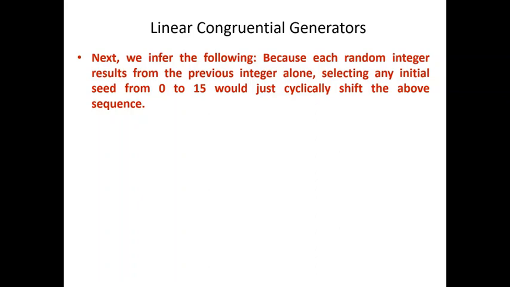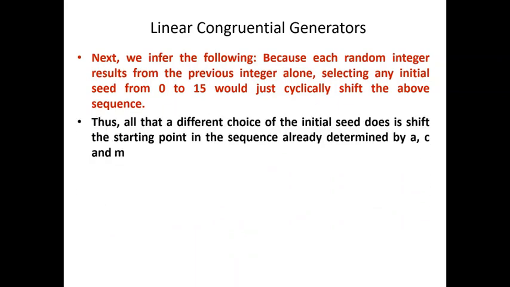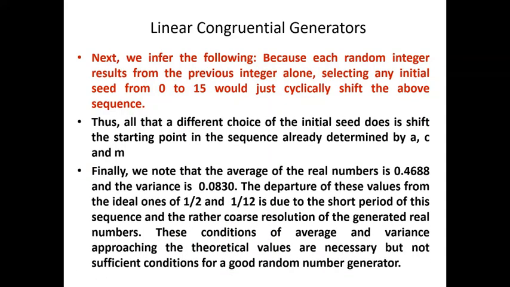So I can use any of the numbers in the sequence as the initial seed value. Okay. All that a different choice of initial seed does here is shift the starting point in the sequence. So A, the multiplier, the increment C, and the modulus will already determine the sequence, what the next value should be and all that. So only the starting point will be changed.